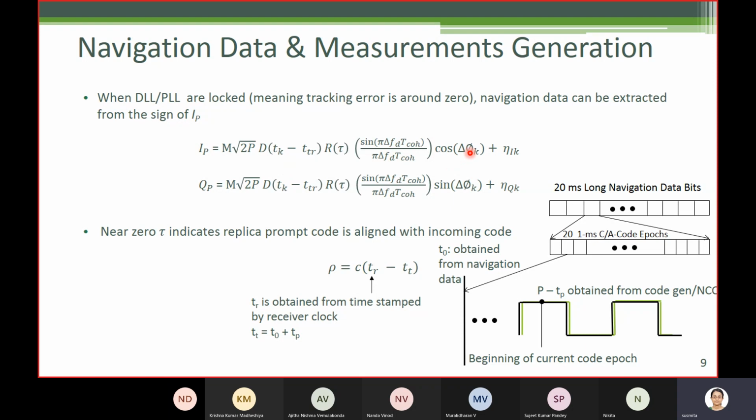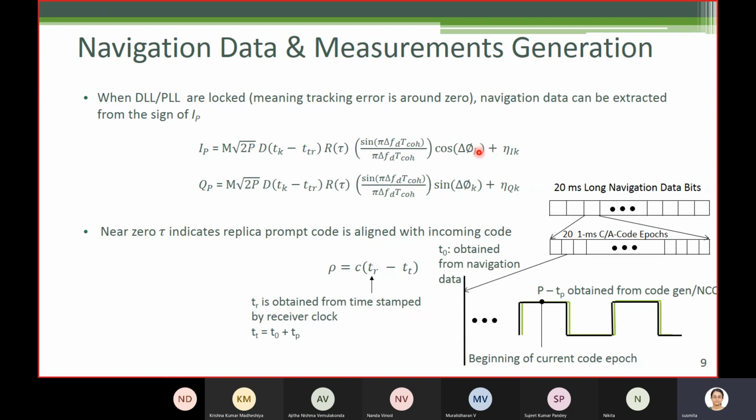So in that case, this becomes 1, this becomes almost 0, so this is 1. If delta phi is 0, delta FD also has to be 0. You cannot make phase 0 without making frequency error 0. When this is 0, sinc function is 1. If tau is around 0, R of tau is 1.